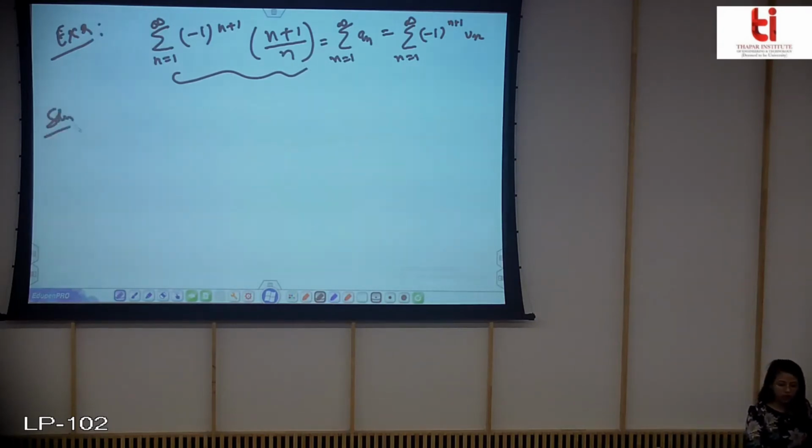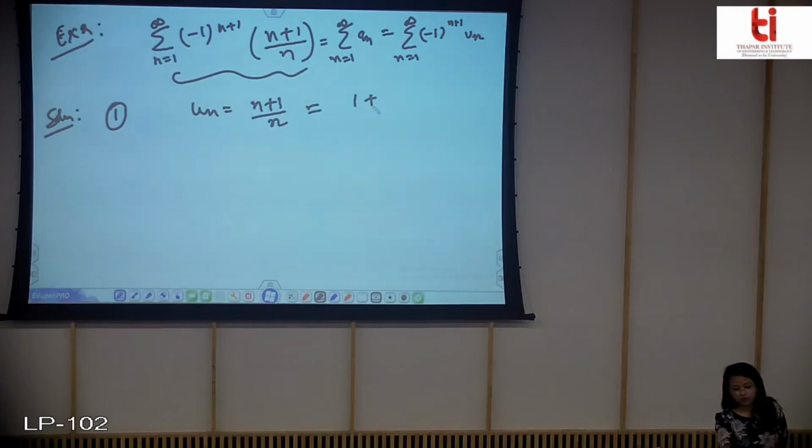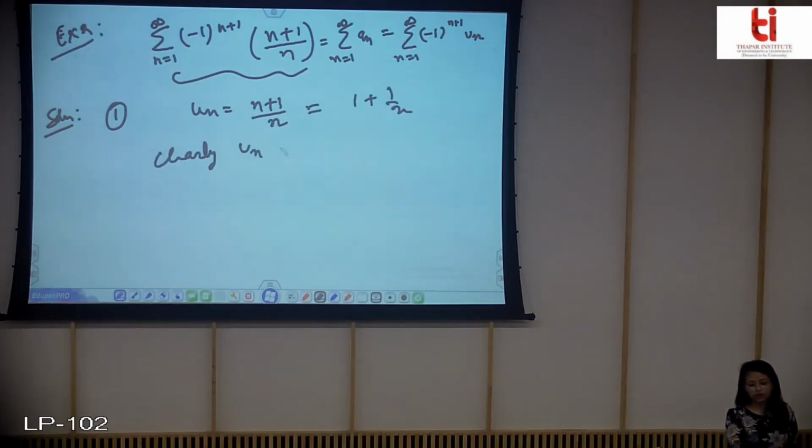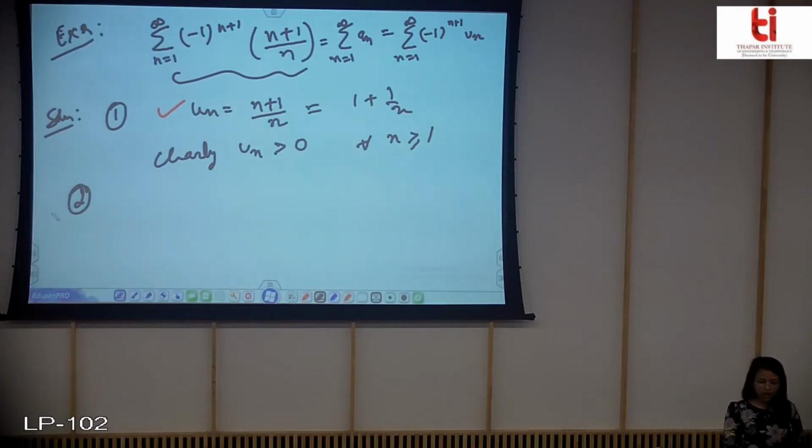So I'll use the Leibniz test. First check that un is equal to 1 plus 1 by n. Clearly un is greater than 0 for every n greater than or equal to 1. It is clearly seen.